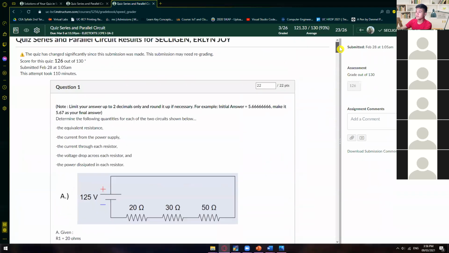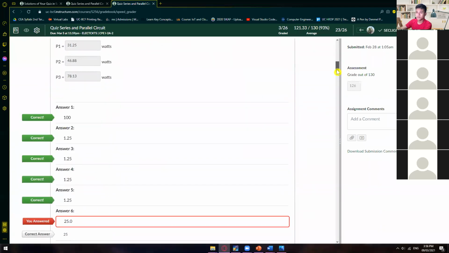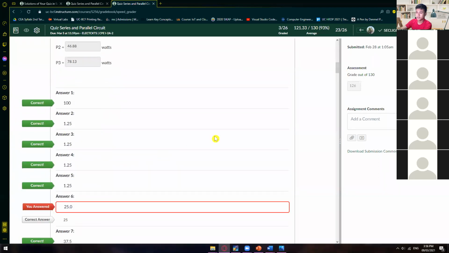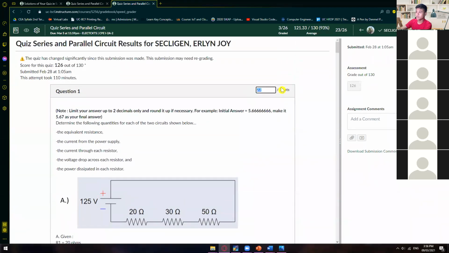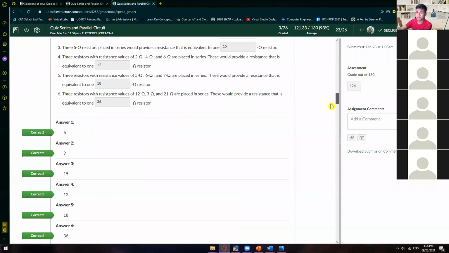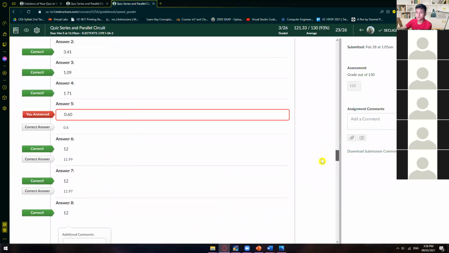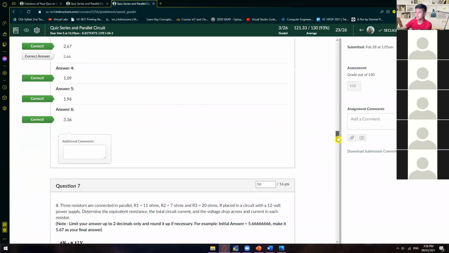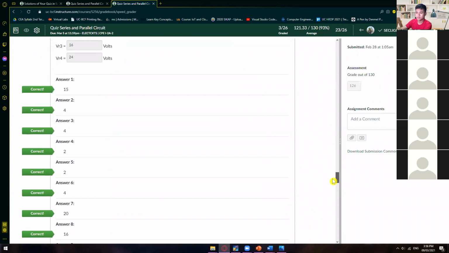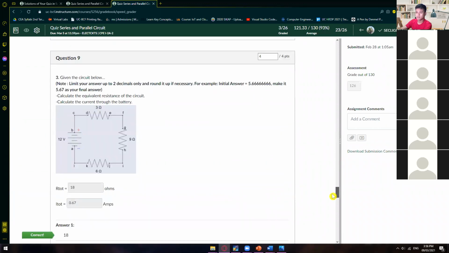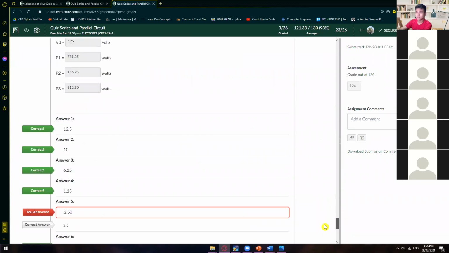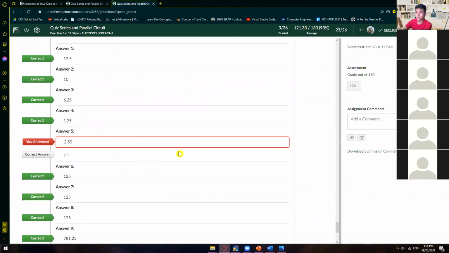We're in 22. So I have already considered this one, okay? Wherein I made this 122 out of 22 points. And this one is also considered, I guess, because I have already checked your quiz number 1. This one is 2.5 also.